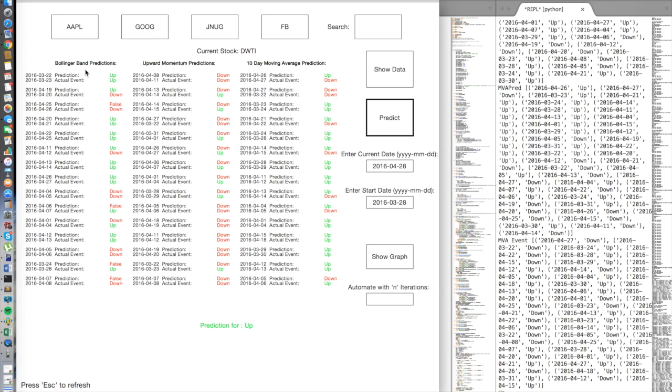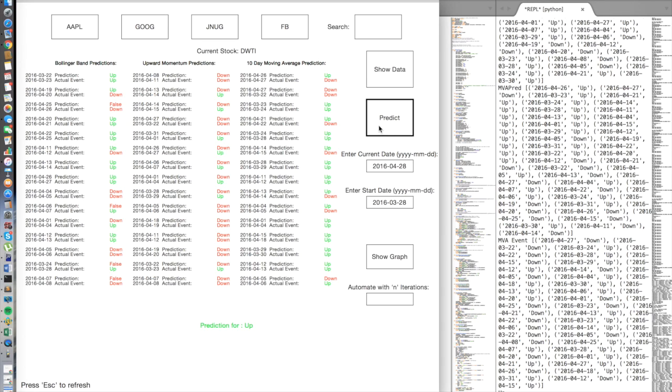See, instantly right here on the left side, the Bollinger Band predictions are much more accurate, because with a higher volatile stock, it's much more likely that they are going to be outside of these bounds. And the band is calculated by the 10-day moving average, and the top bound is 1.05 times that average, and the bottom bound is 0.95 times that.